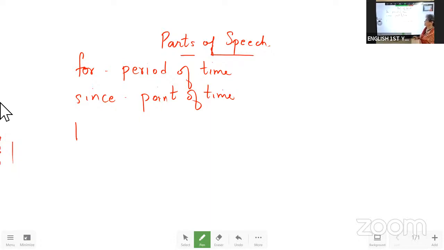Likewise, among and between. Between is used between two persons or two things. Among is more than two.